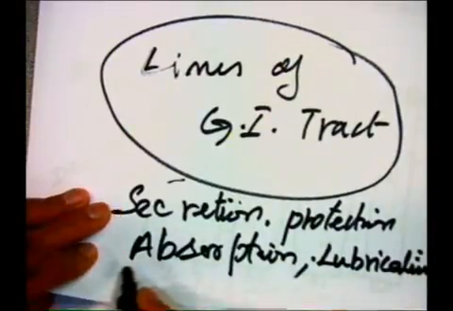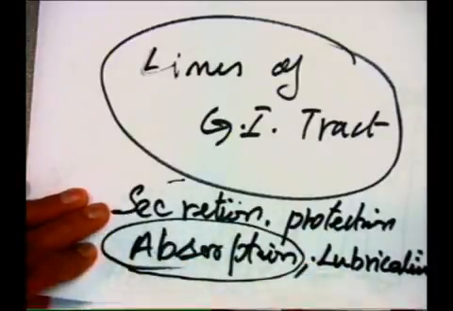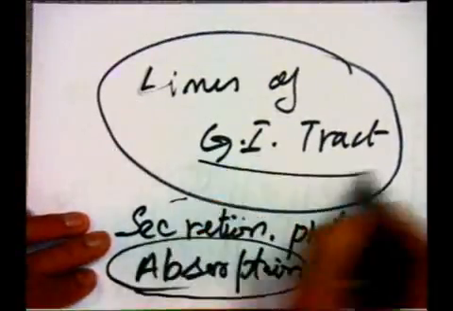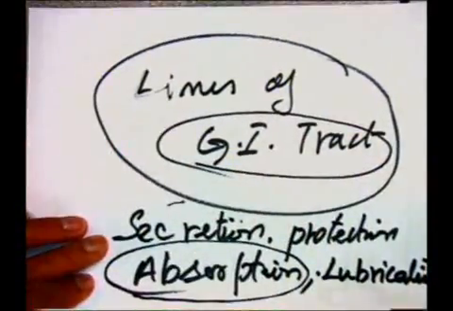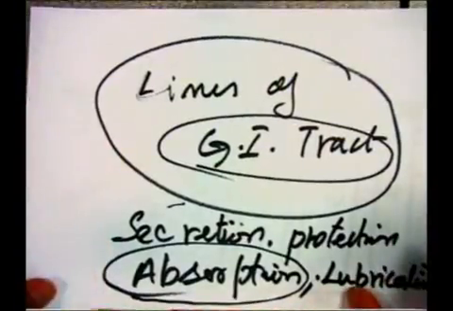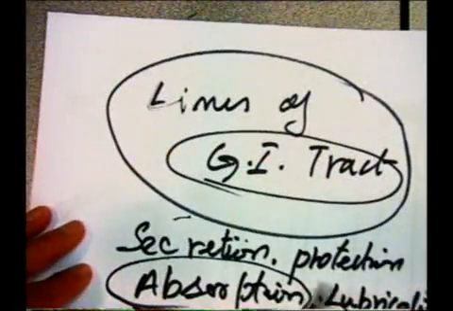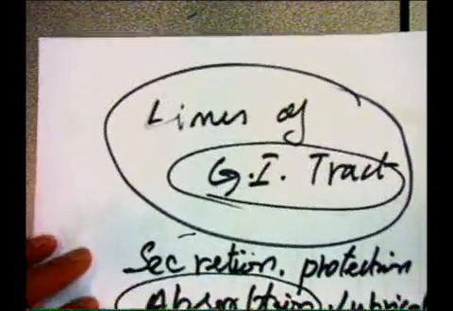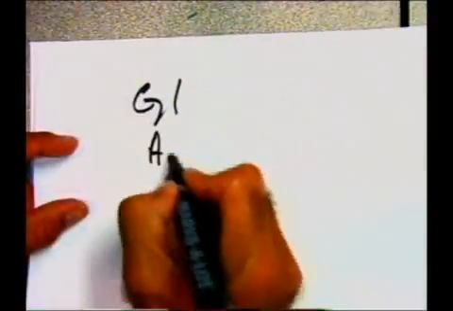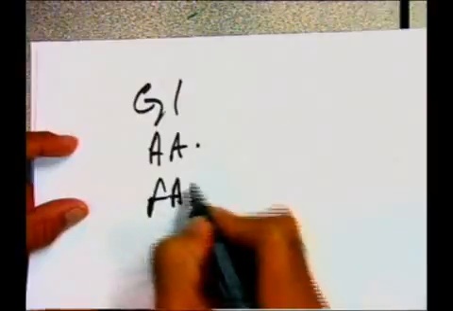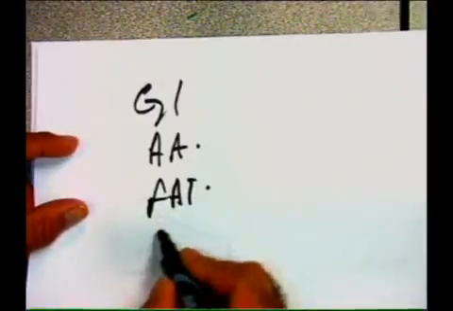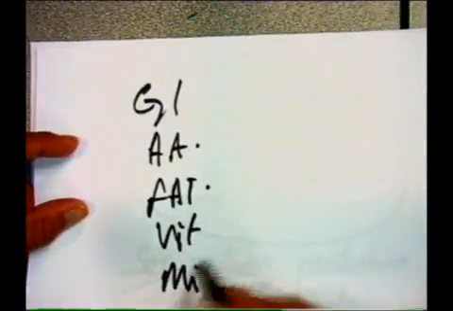In my earlier research, I worked extensively on the absorption of nutrients in the GI tract. That's my speciality, and I will show a couple of those slides to you later on. The absorption is mainly of glucose, amino acids, and fat or fatty acids, and then vitamins and minerals.